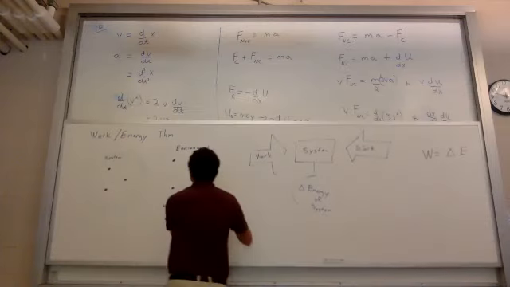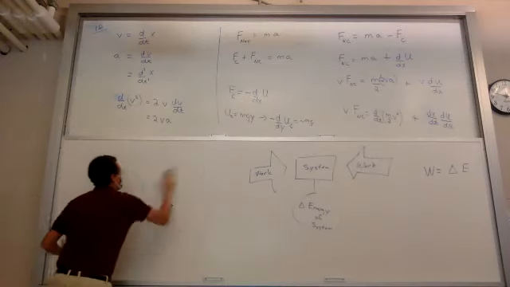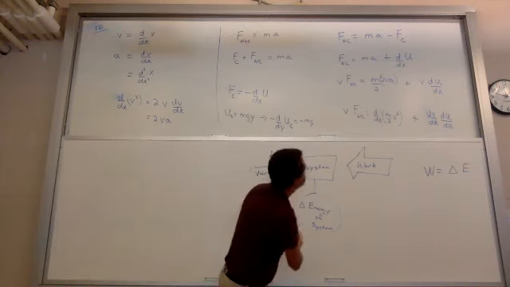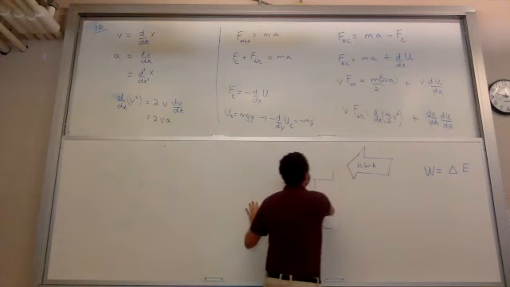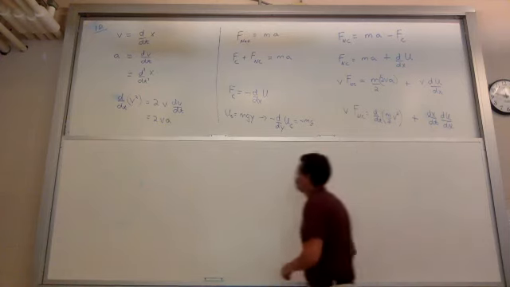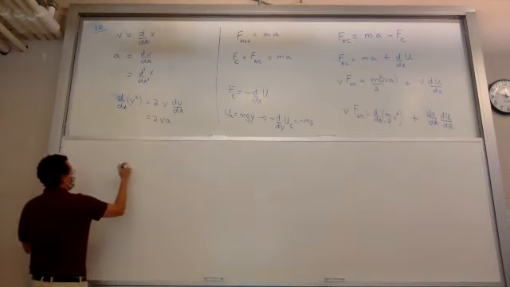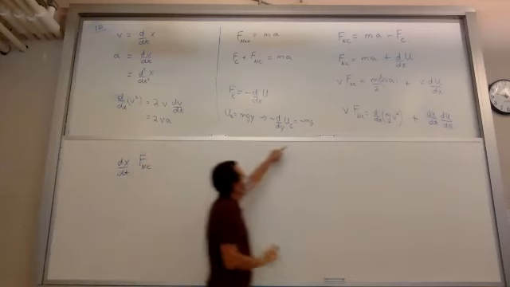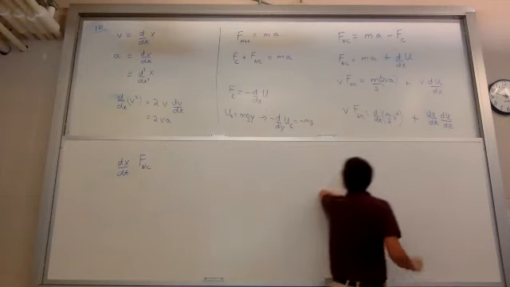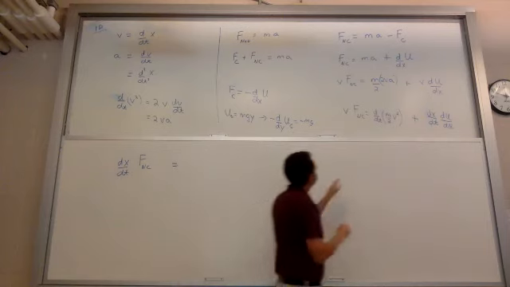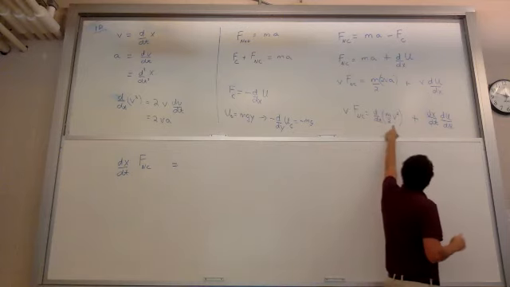So what I can do is write that equation as follows. Write it as dx dt times the non-conservative force. That's this piece, dx dt, equals d by dt on this.